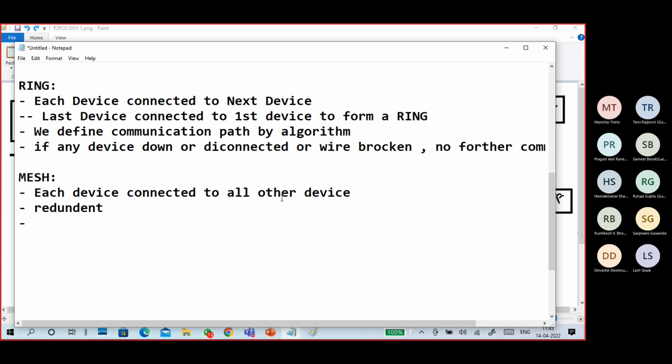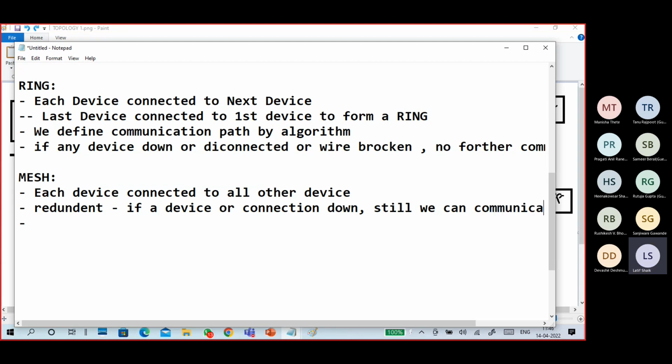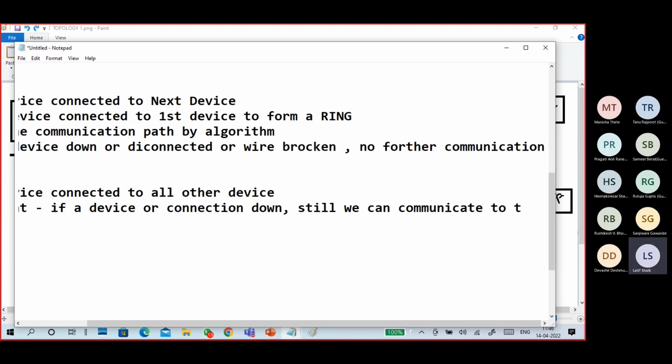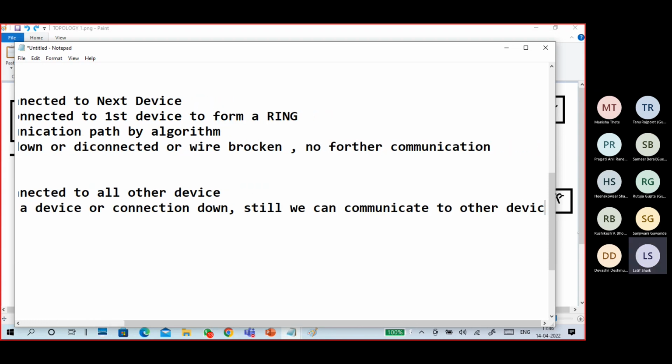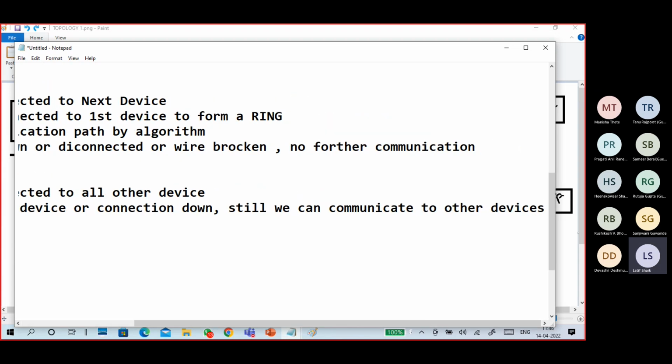Redundant means if a device or connection is down, still we are able to communicate with the other devices. So that is redundant.